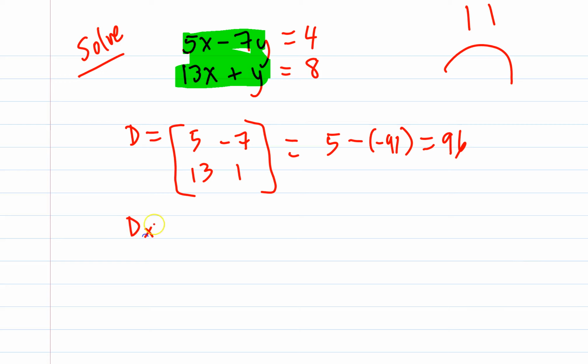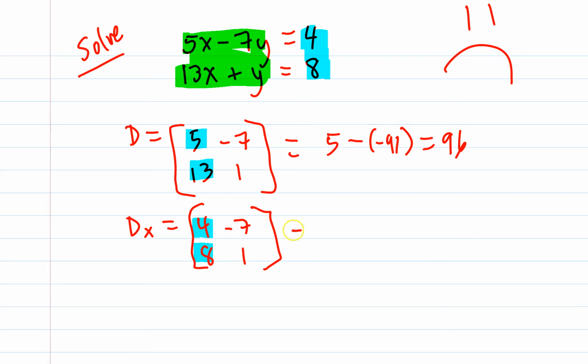Now I would get dx by replacing the 4 and 8 for the x. So there I'm going to put a 4 and an 8. Down minus up would be 4 plus 56, or 60.